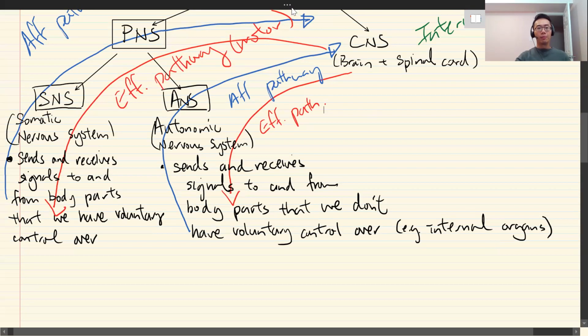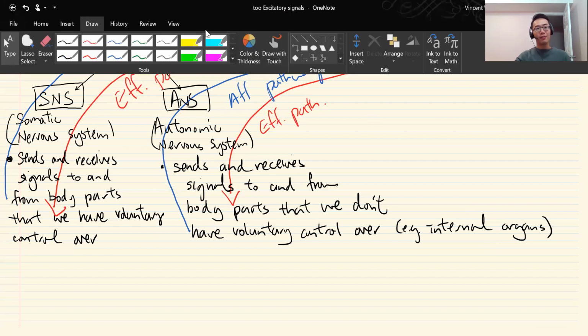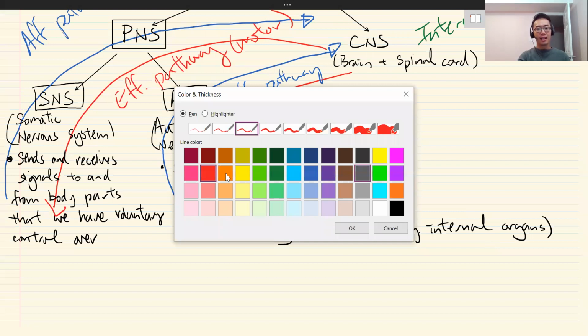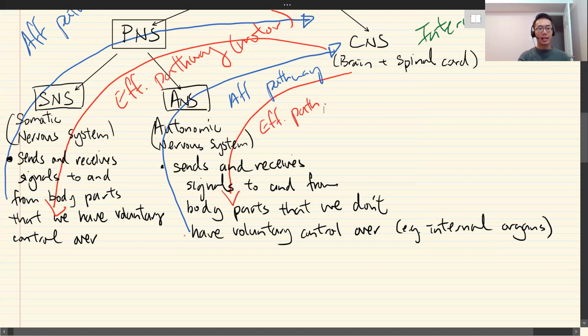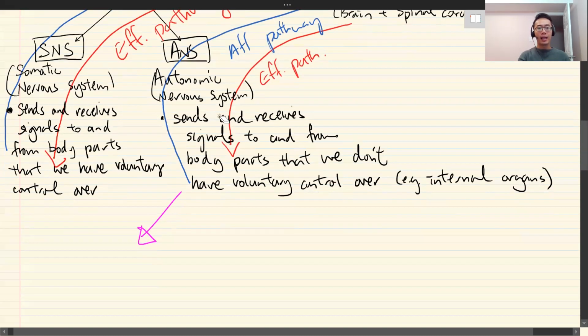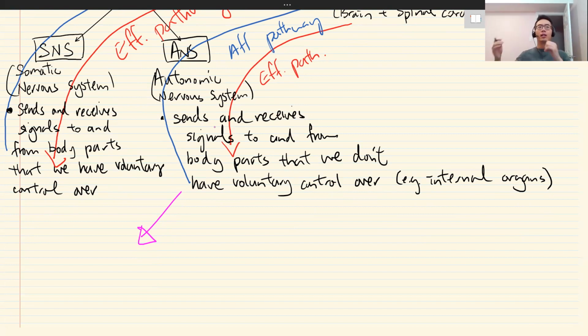Okay, moving on. Now, to make this even more confusing, we will have two additional divisions in the ANS. I'm just going to use different colors here to highlight it. So the ANS deals with everything autonomic, things that we don't have voluntary control over: your breathing, your heart rate, your digestive tract moving the food forward, producing urine, all that stuff we don't think about.